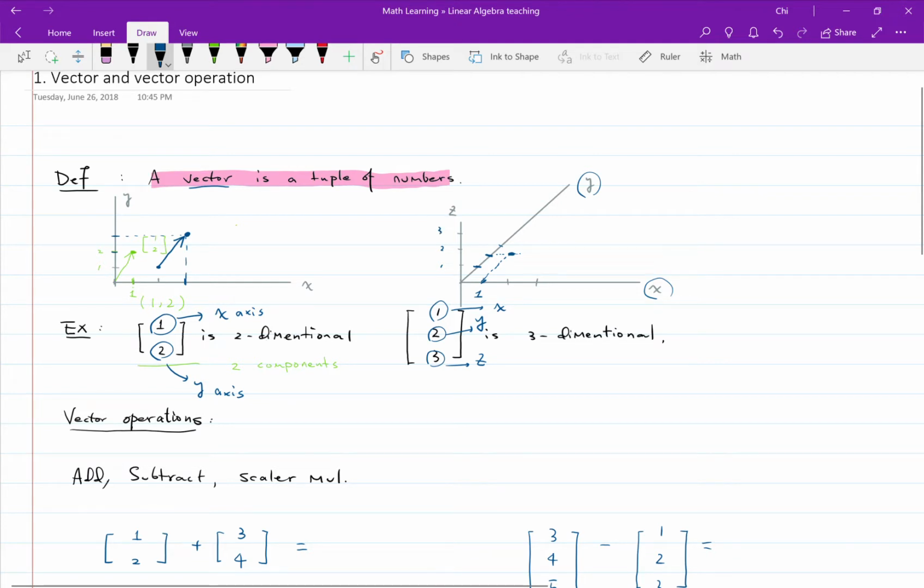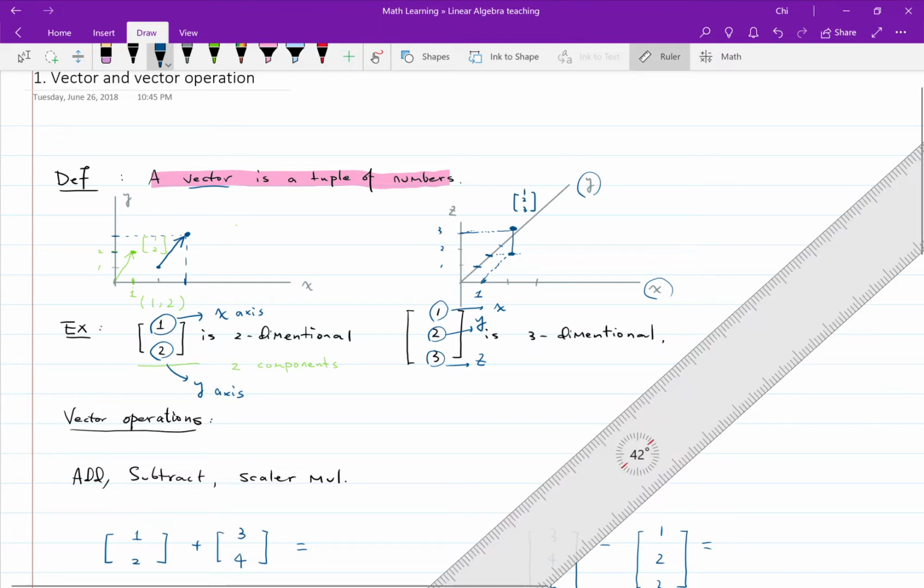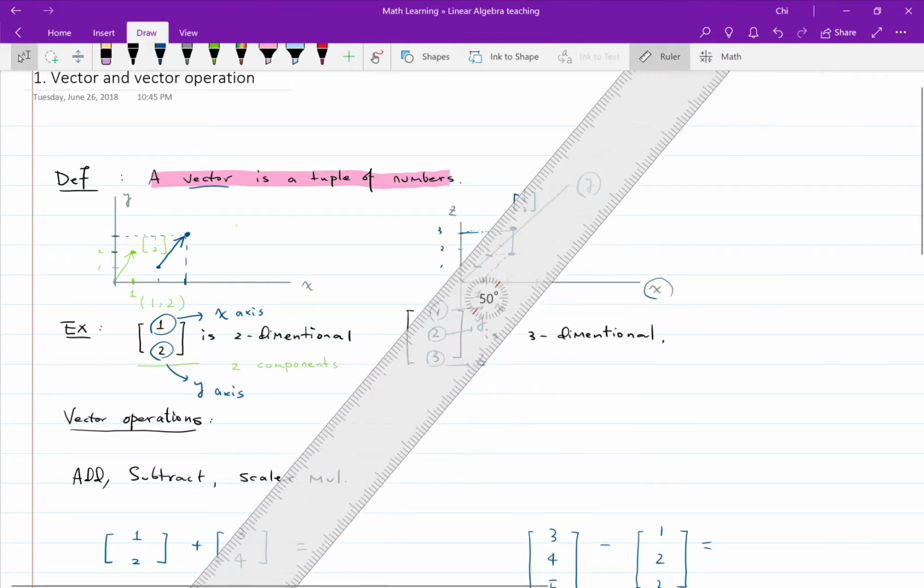And so the third number is 3, and we draw it like this. And so this is the intersection. So this point is the endpoint of our vector 1, 2, 3. And we draw the arrow. Let me actually use my ruler.